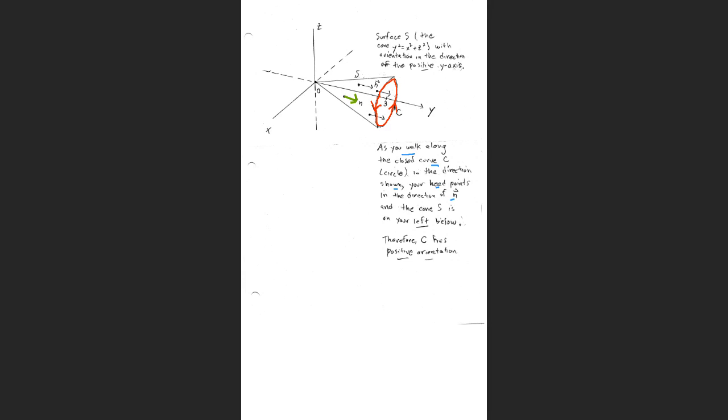It's just below you as you walk around that curve C. And that's the situation that we're dealing with here. C has positive orientation if you walk in the direction shown in the picture along C.